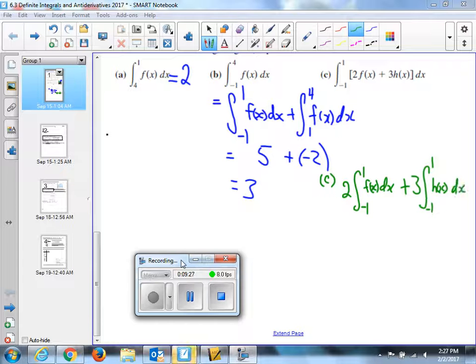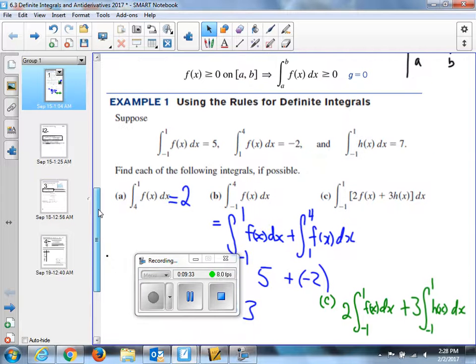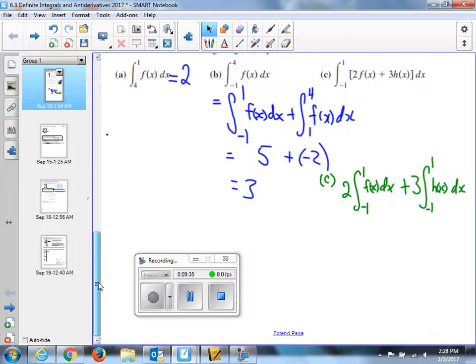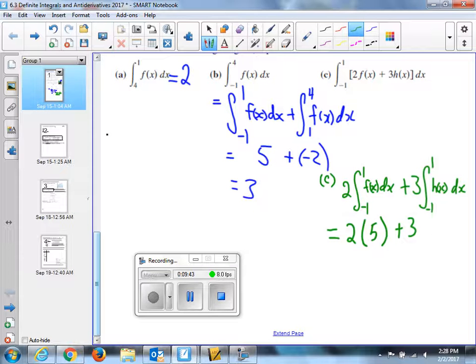I have values for h of x and f of x in that interval, integrated, now 5 and 7. So I just substitute now 2 times the 5, 3 times the 7. The rest is just arithmetic. Be prepared, you probably will see things like that, and they don't seem too bad. 21 plus 10, 31.